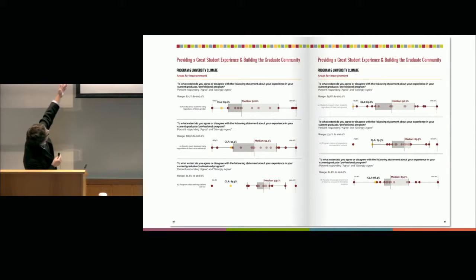So for the first item, it is, to what extent do you agree or disagree with the following statement about your experience, that faculty treat students fairly regardless of their gender. CLA might say, hey, we're 89%, that's pretty great. And that isn't necessarily bad, but when compared to all the other campuses, they're pretty far to the left on that distribution, indicating that there may be some more that they can do to help improve those perceptions by students.